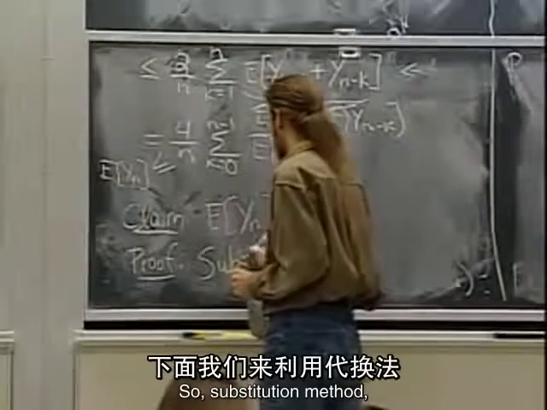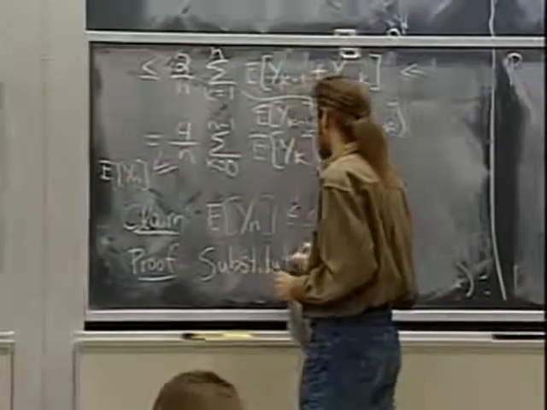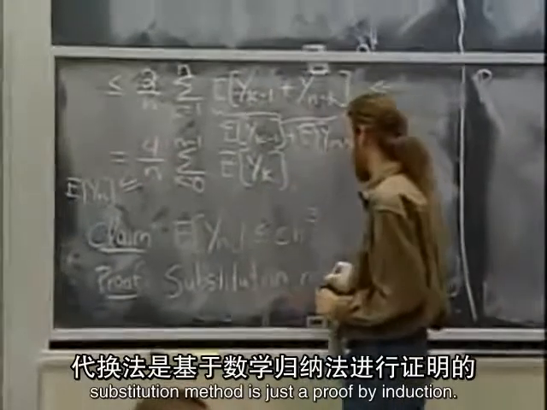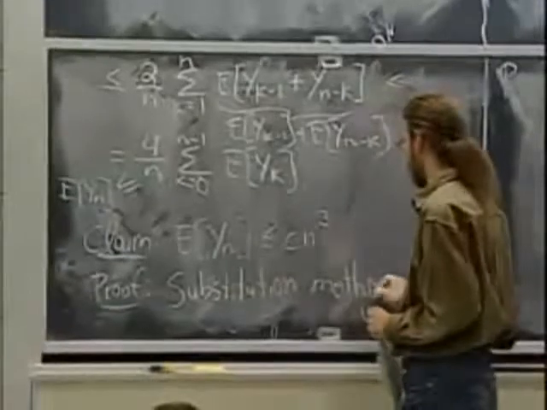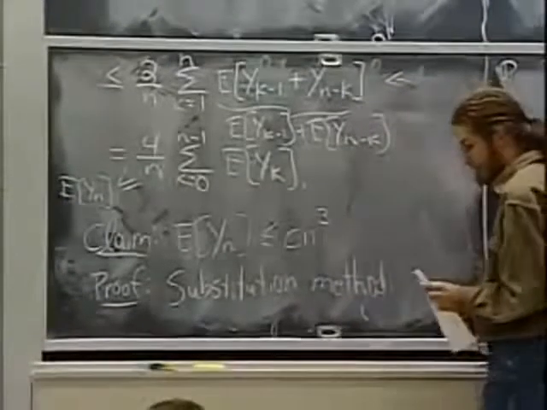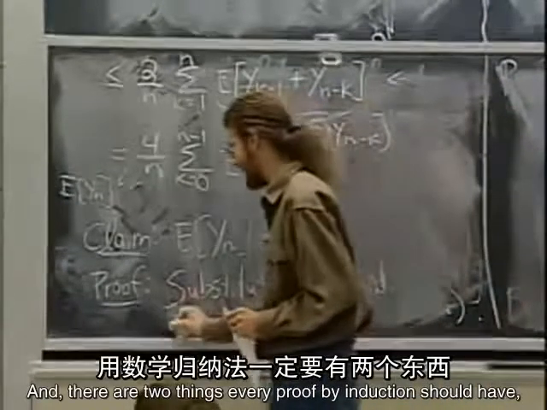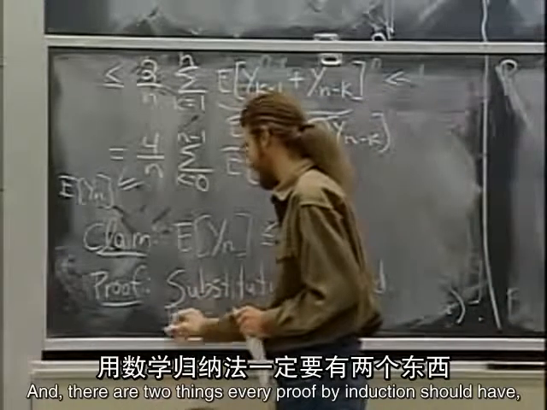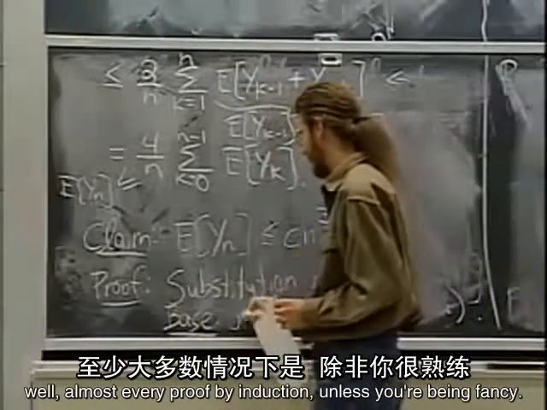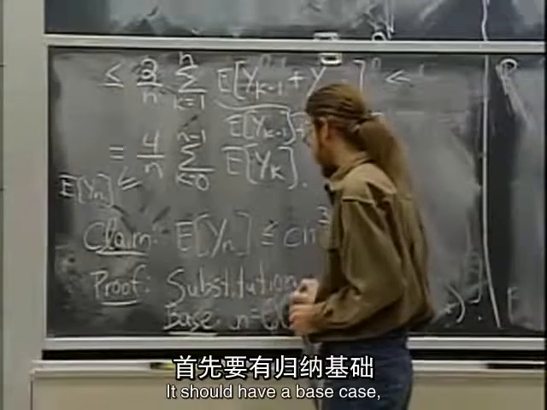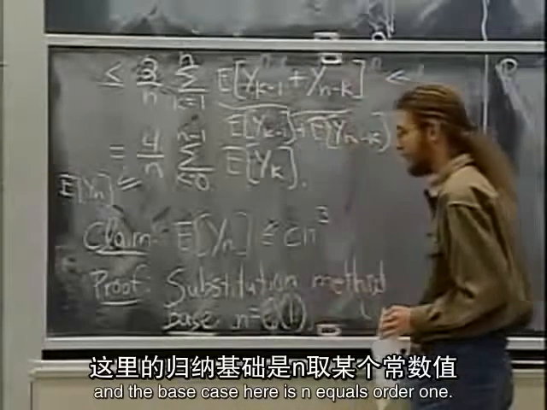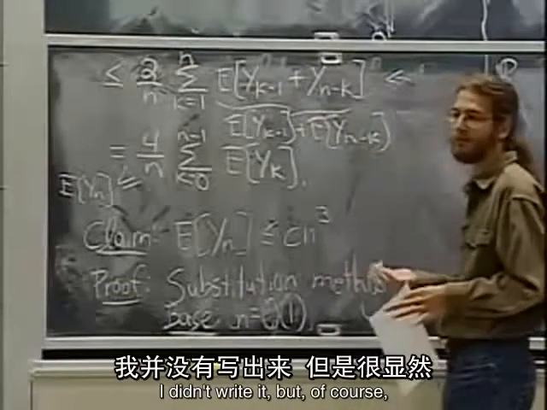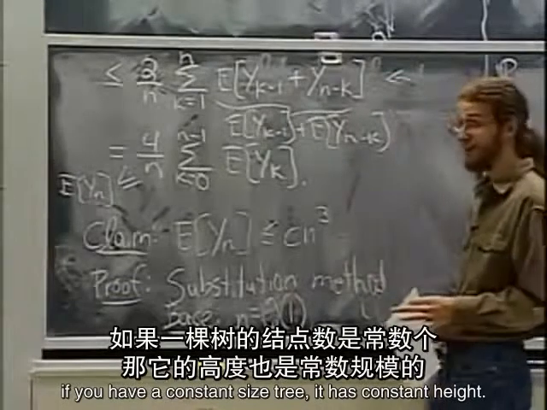So the substitution method is just a proof by induction. And there are two things every proof by induction should have. Well, almost every proof by induction, unless you're being fancy. It should have a base case. And the base case here is n equals order 1. I didn't write it, but of course, if you have a constant size tree, it has constant height.